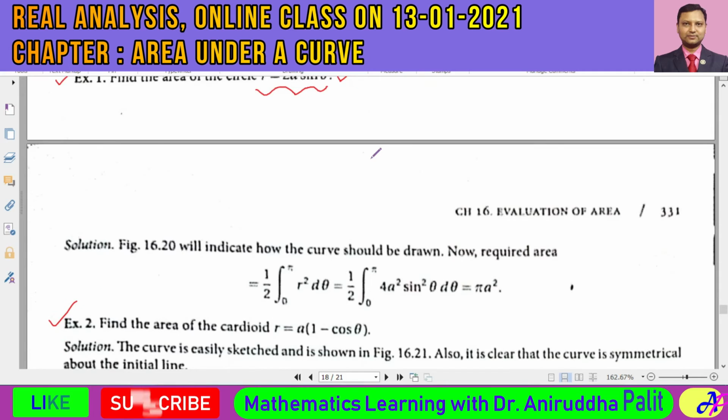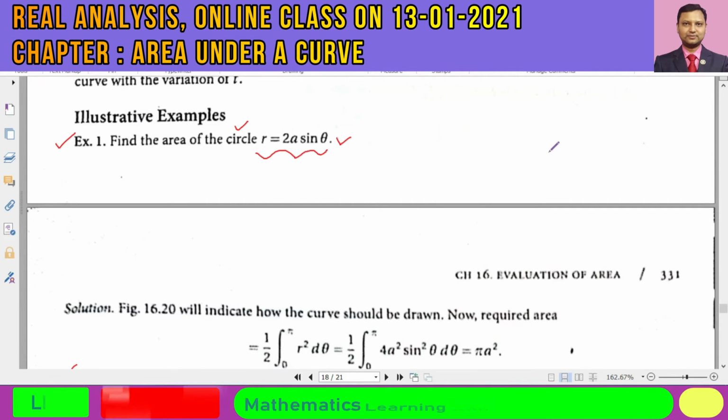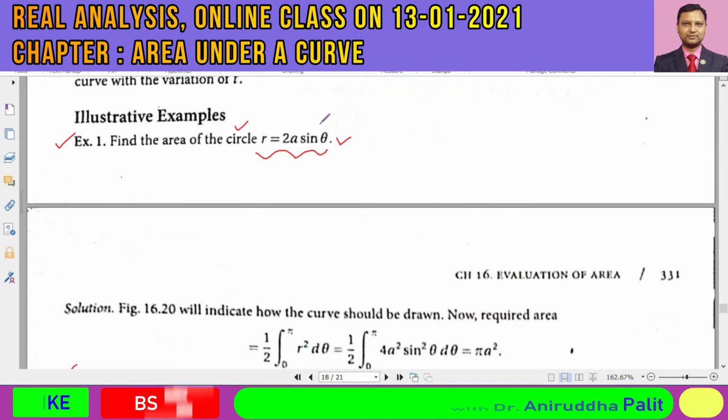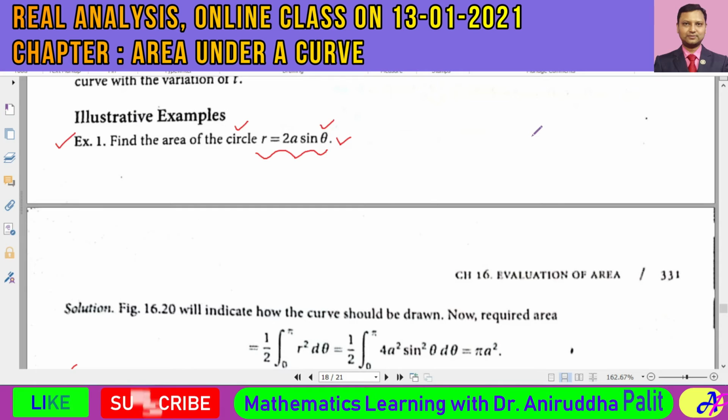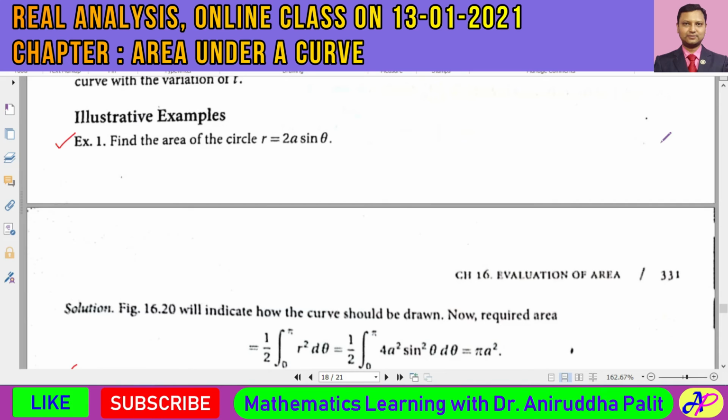For this kind of curve, you should have certain idea about the range of this kind of parameter theta. Let me show you the technique.